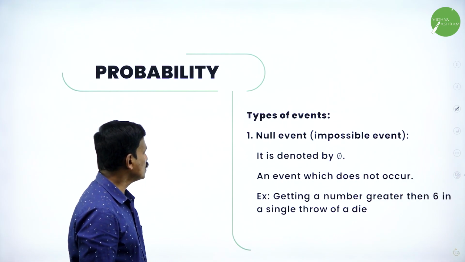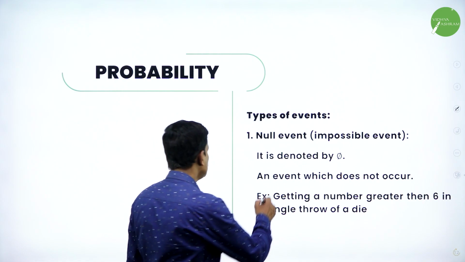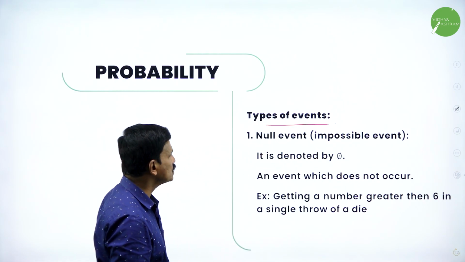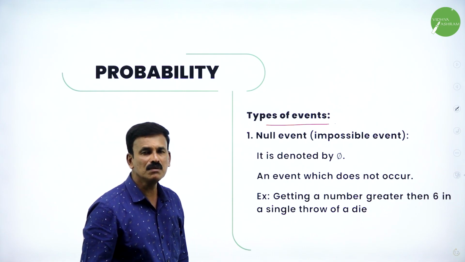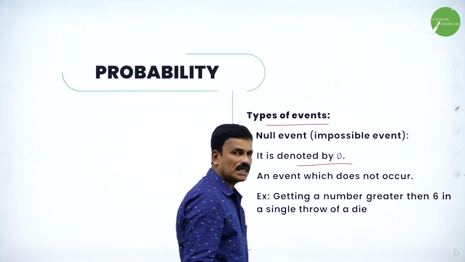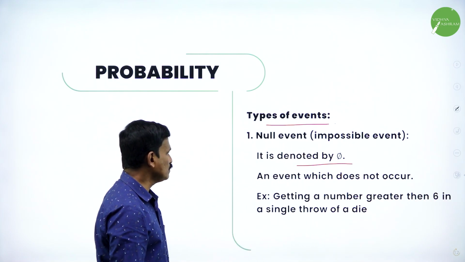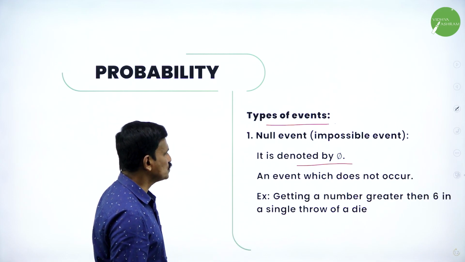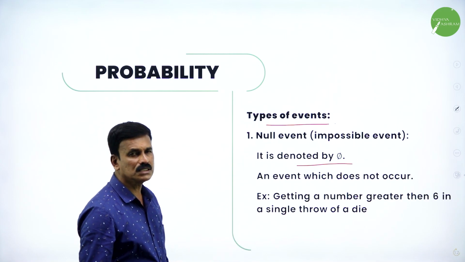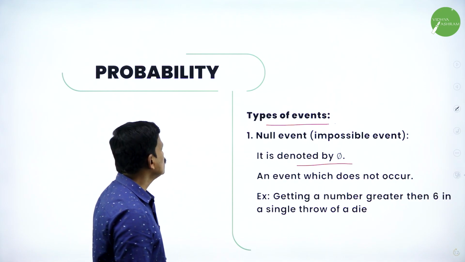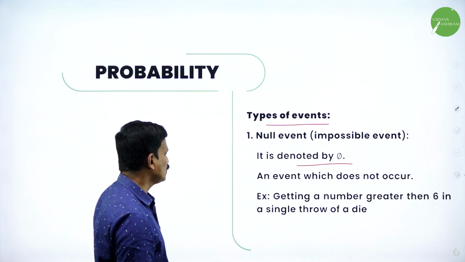Now, move on to the next types of events. Null event, or impossible event. Null means nothing, and it is denoted as psi. An event which does not occur is nothing but an impossible event, that is, a null event.